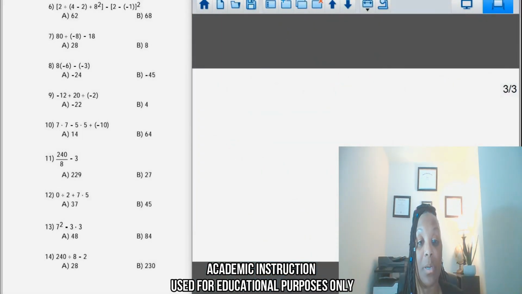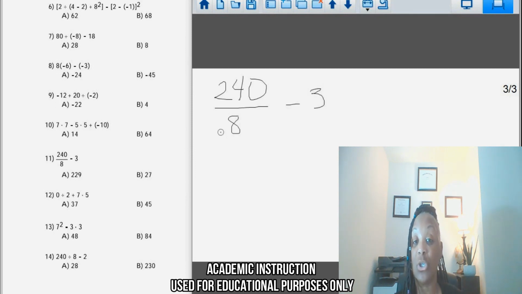Let's clear the board. And for number 11, we have 240 divided by 8 minus 3. Okay, so this is quite simple, not too complicated. So we have 240 divided by 8 minus 3. Now, the first thing that you should do is do your division before you do subtraction.